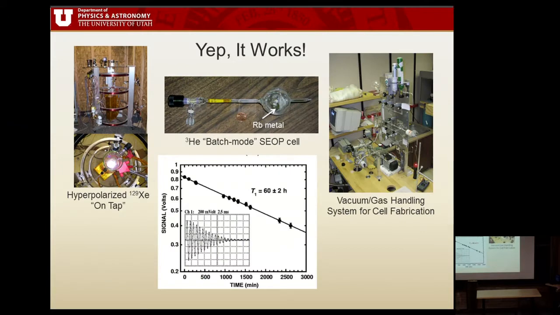Right. It works. And I'm just showing you some basic equipment in the laboratory. You've seen, or been passed around, a sealed cell. We can make cells that have valves, so we can put the gas in, pump it up, let it go for whatever purpose you want. It turns out that with xenon-129, it's strategically useful to polarize it on the fly to take advantage of the fast spin exchange rates, and so we flow it through long tubes.